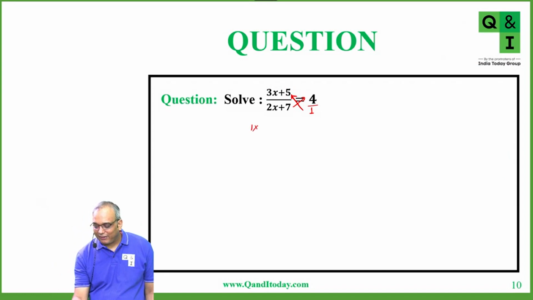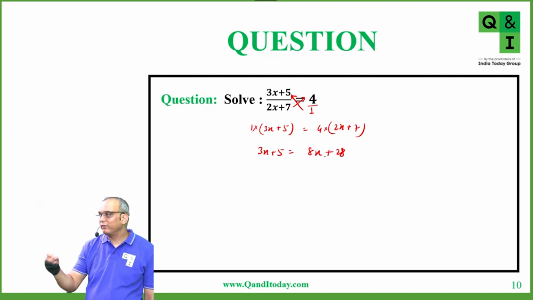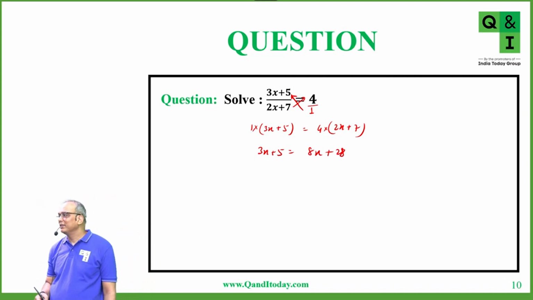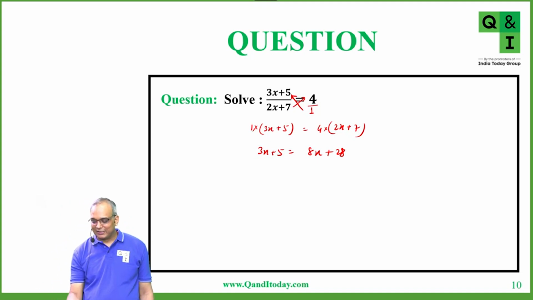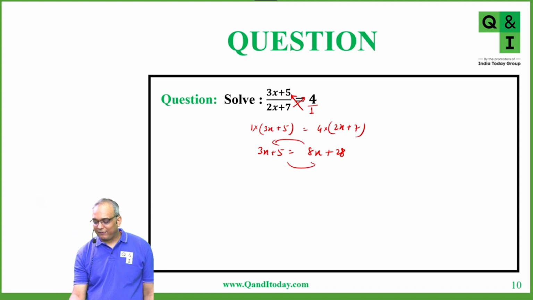So we have 1 times (3x + 5) is 4 times (2x + 7). So we have 3x + 5 is 8x + 28 because 4 will get multiplied to both. No, Puvina, 10 I don't think is the answer. We'll check it. Now we'll take 8x here and 5 to the other side.